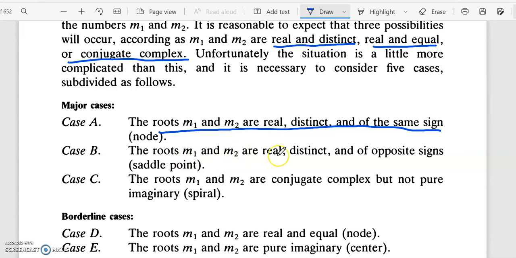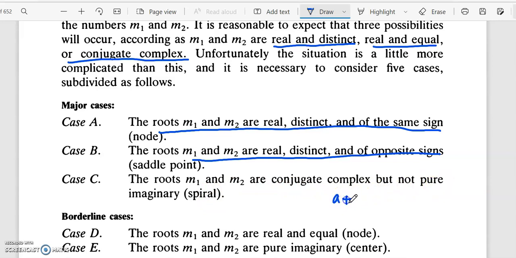Now if m1 and m2 are real and distinct and of opposite signs, we will be getting a saddle point in that case. And the third case is if m1 and m2 are conjugate complex but not pure imaginary. So it must not be pure imaginary.